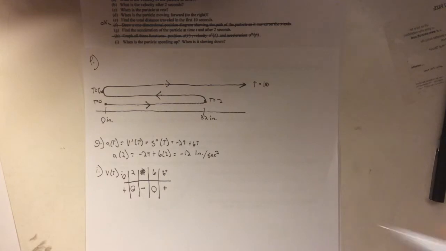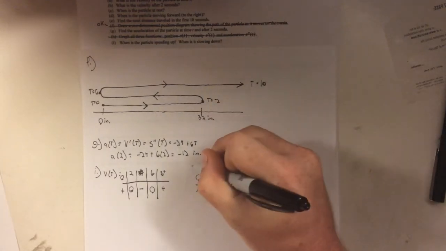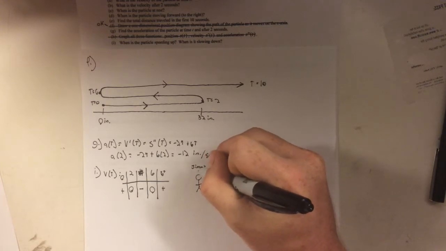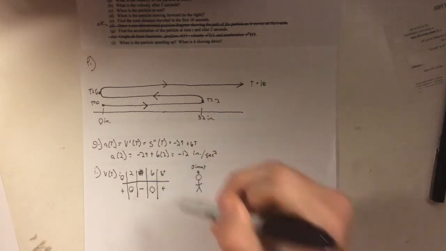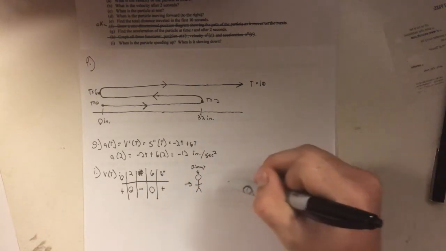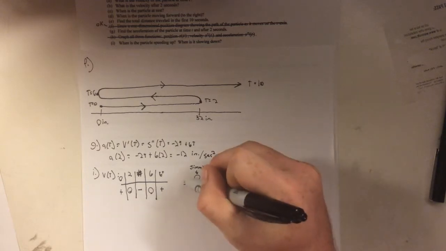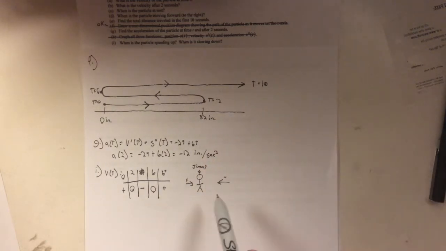So picture this is you, Jimmy's running through a field, and you're running this way, and all of a sudden a gust of wind blows this way. So you're in the positive direction, gust of wind blows the negative direction. That's going to slow you down if you're running into a really strong wind.